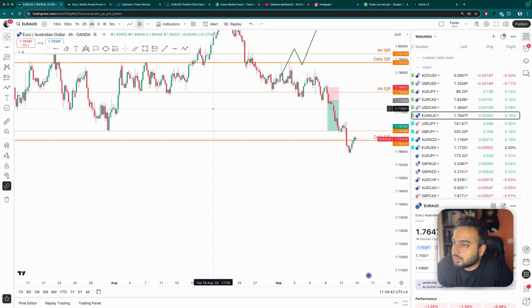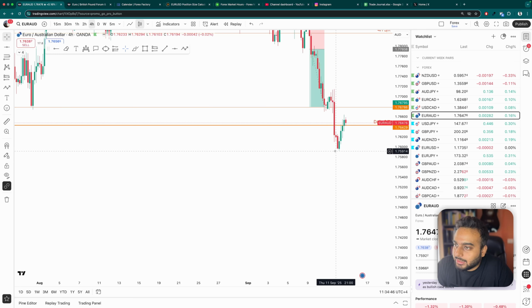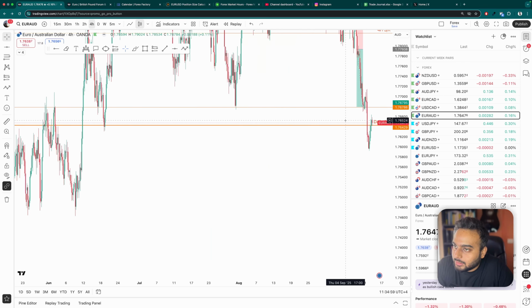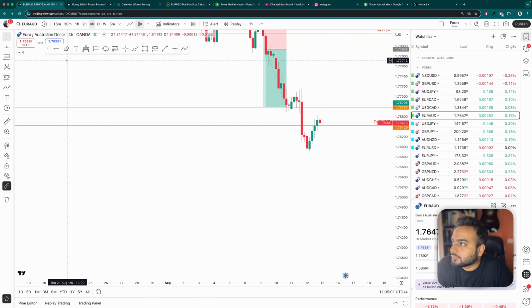4 hour. You see the 4 hour candles are really nice. They are big, and the green candles are way smaller. For example, for the price to move from this place to this, it took only 3 candles, but it took 4 candles to go halfway back up.